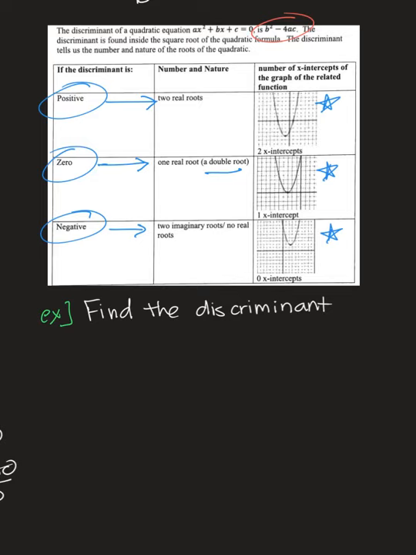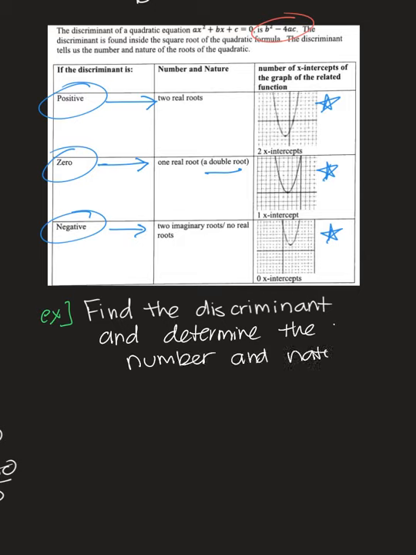So find the discriminant and determine the number and nature of solutions. So 3x squared minus 2x plus 5 is equal to negative 12.